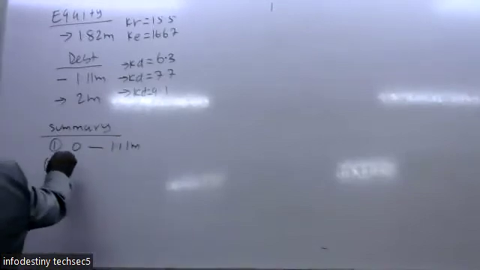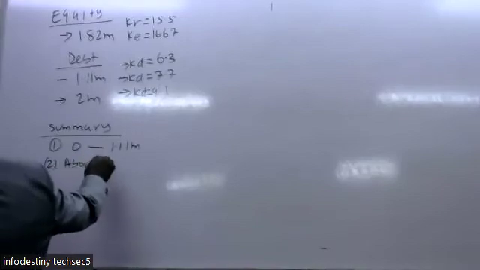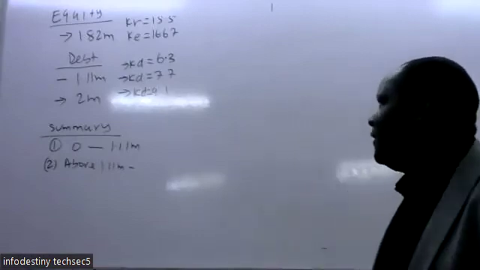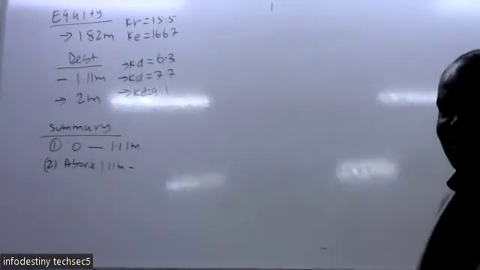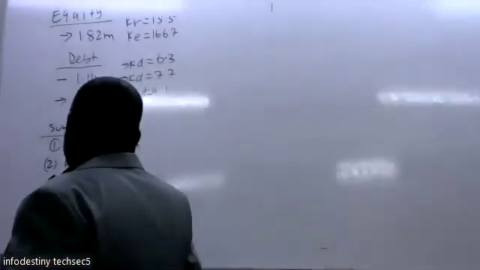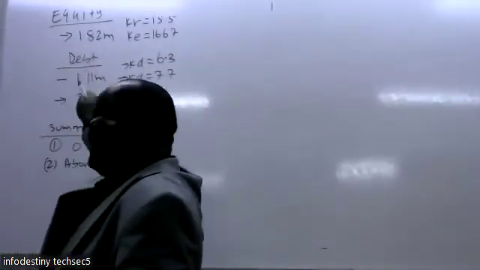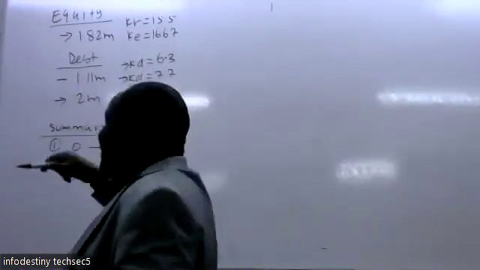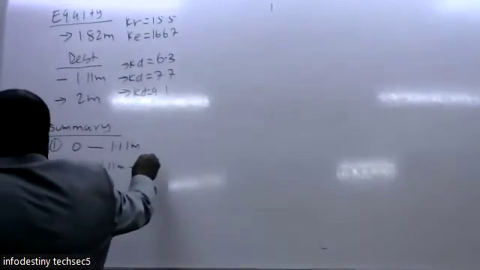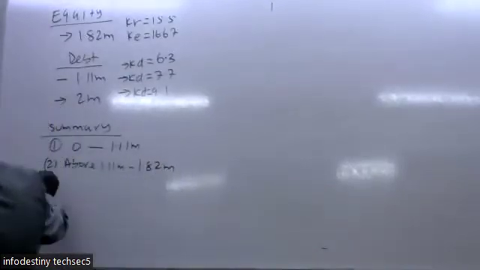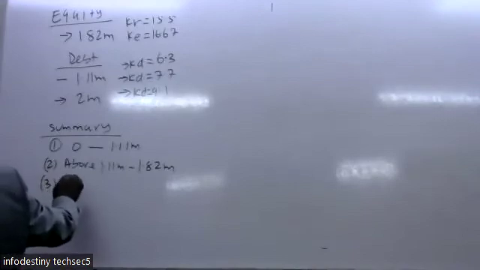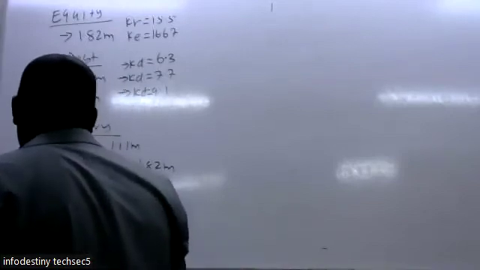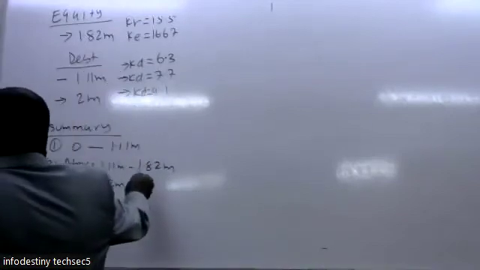Then the second one should be above 1.11, up to the next highest. We follow the order, from the lowest to the highest. So that next one is 1.82. The third one should be above 1.82 million. The next highest now is 2 million.